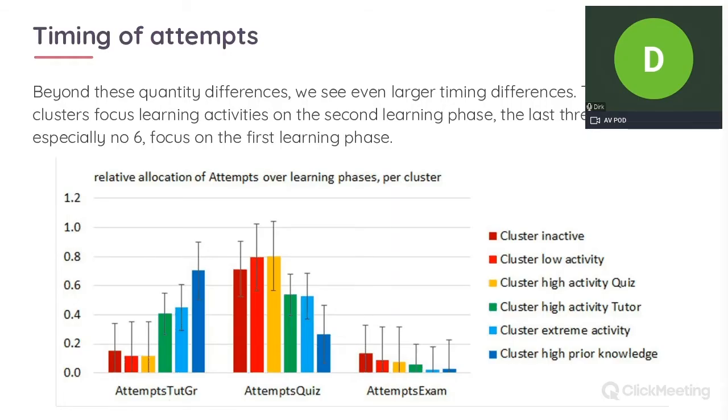We also see that there are huge differences in timing of the learning. We see that especially these 3 groups of students time their learning the way we would hope that most students would time the learning, that is in the preparation of the tutorial group sessions, whereas many more students time their learning in the second phase, especially the students in the first 3 groups, who have the majority of the attempts in the second learning phase rather than the first learning phase.